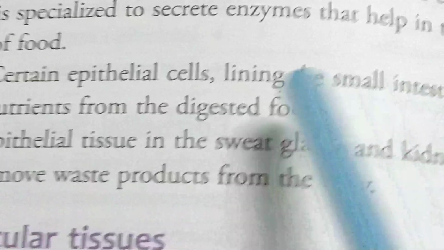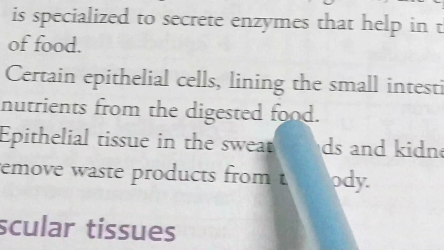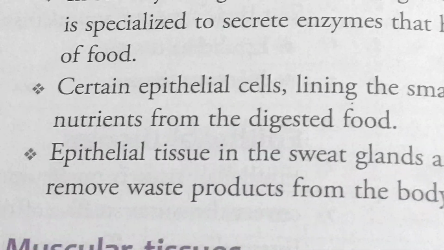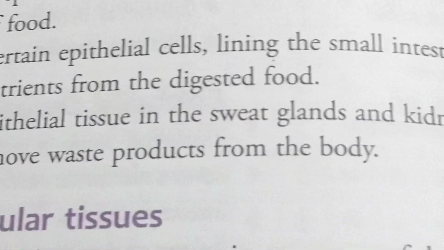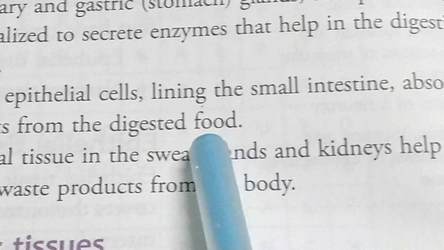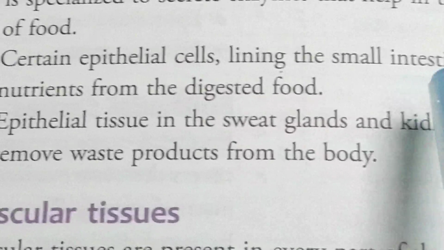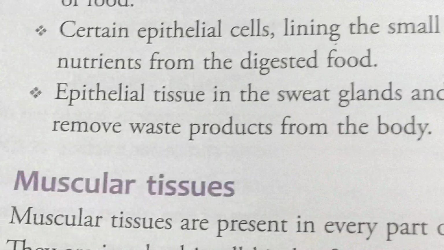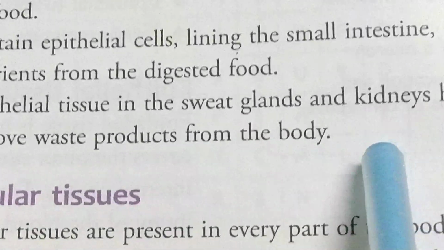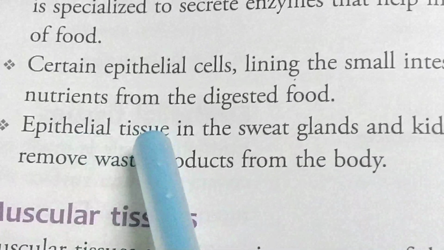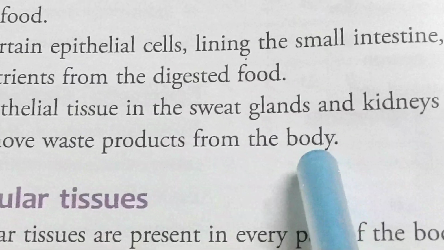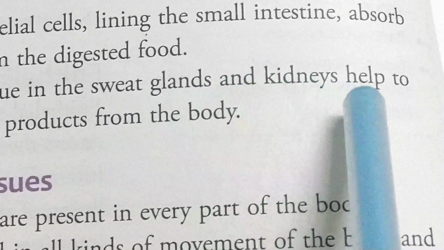Epithelial tissue in the sweat glands and kidney helps to remove waste products from the body. So epithelial tissue also helps to remove waste products from the body, as in the sweat glands and kidney.